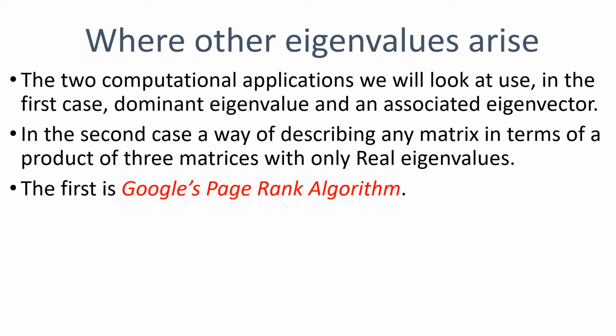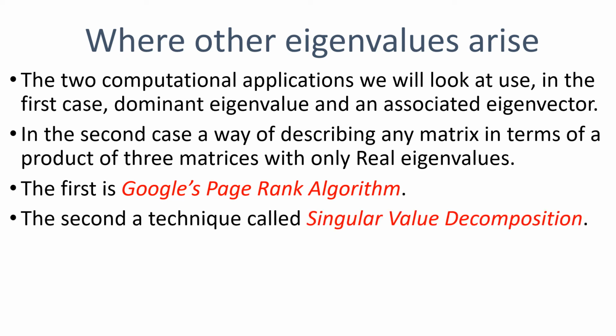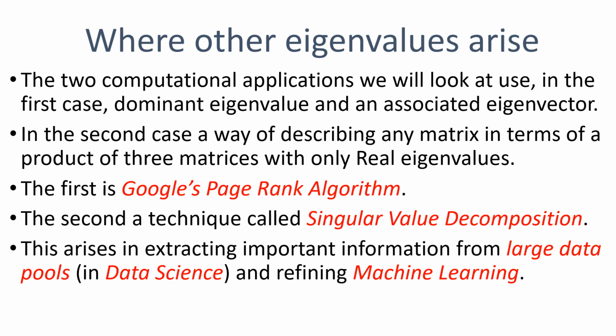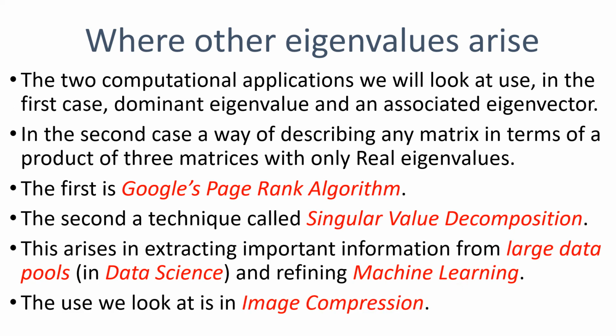So the first application I'm going to be looking at is Google's page ranking algorithm. The second one uses a quite sophisticated technique called singular value decomposition. This arises when we are trying to extract information from large data pools, so this is one of the areas in data science. It is also a very important technique in machine learning. I'm going to be looking at its use as a means of carrying out image compression.